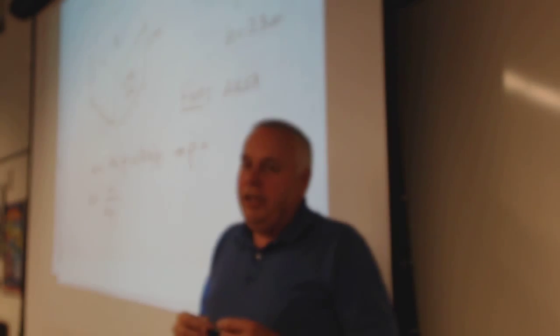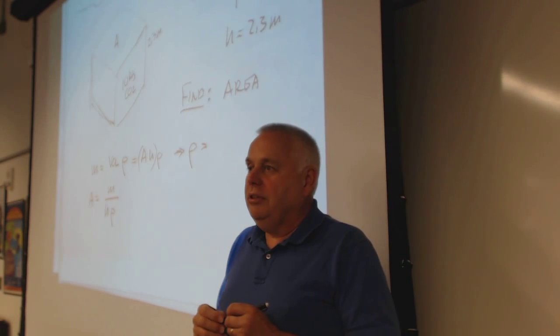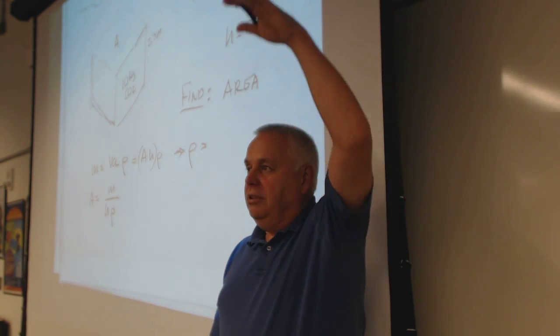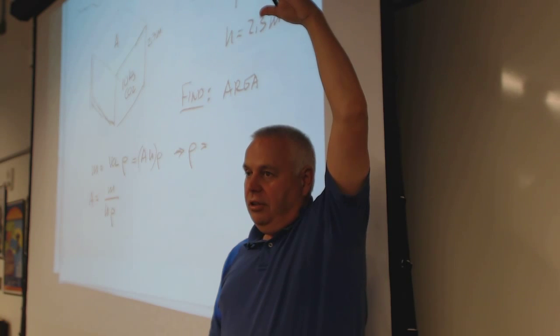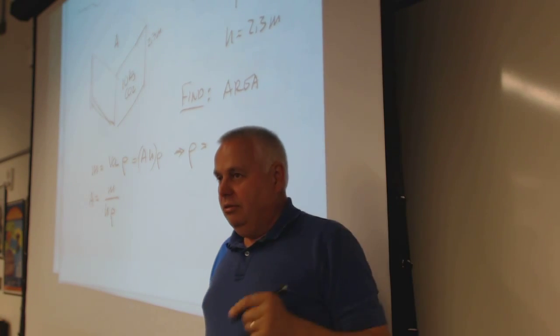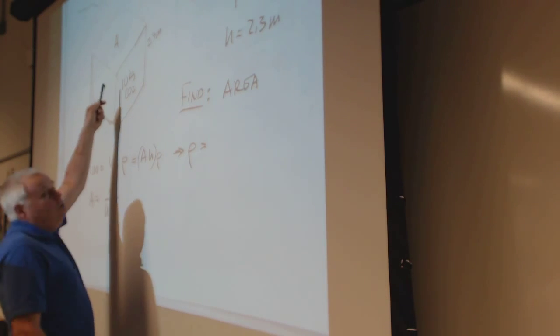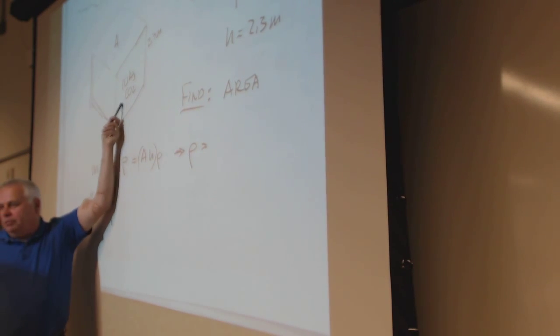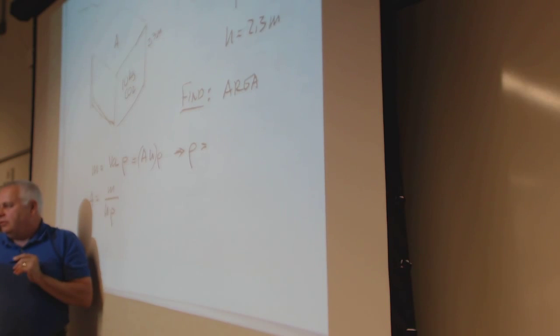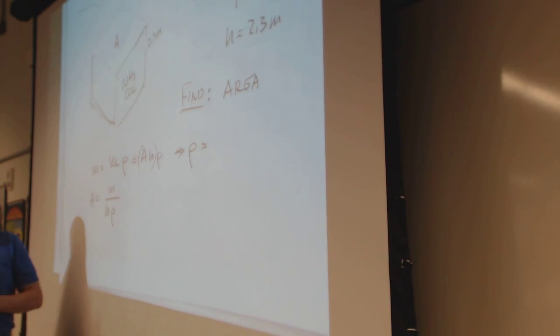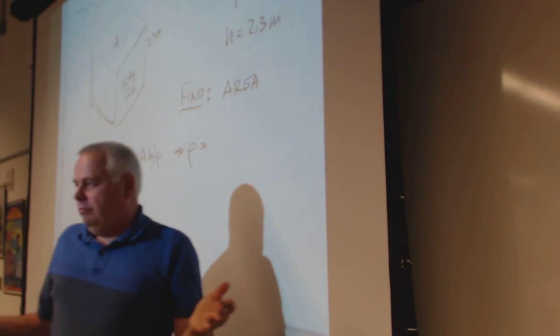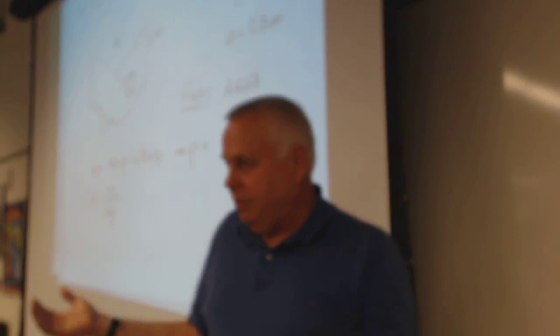So the question is, we have 10 kilograms of CO2 in a room that's 2.3 meters tall, just standard residential room height. I want to know how big of a floor area would be filled by that much CO2 at standard atmospheric pressure at 25 degrees C.